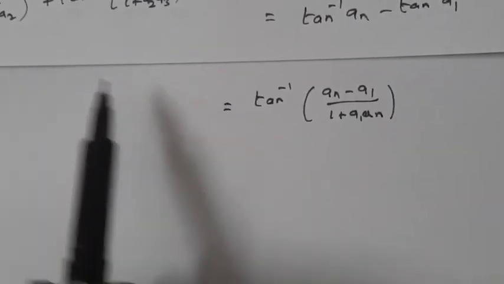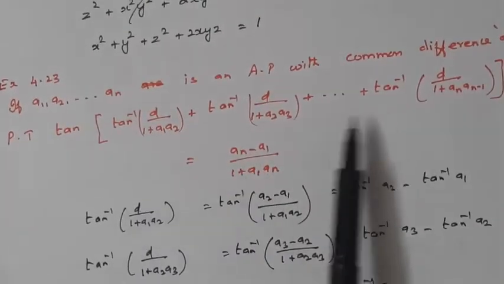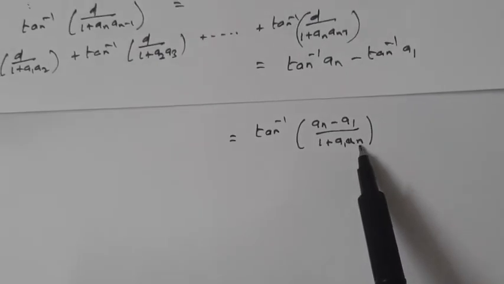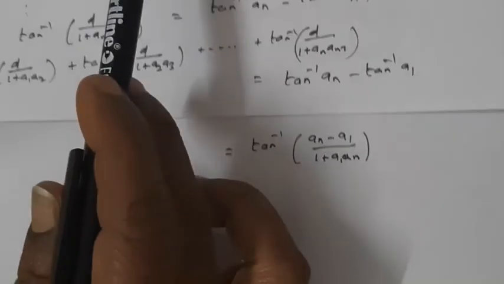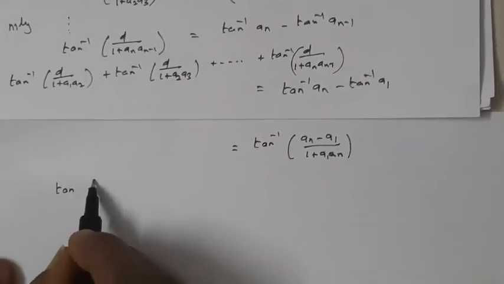Now we got the summation as tan inverse of an minus a1 by 1 plus a1 an. Now let us substitute the value in the left hand side. So what does the given expression become?